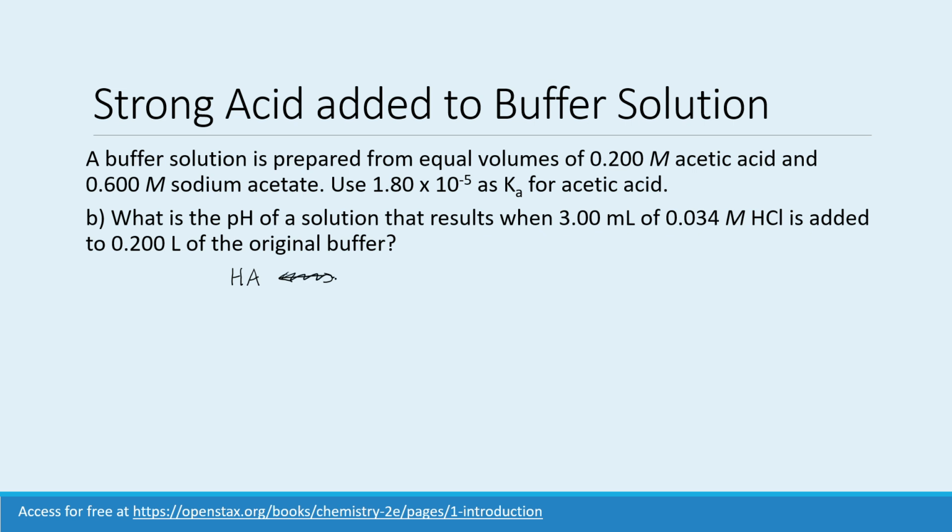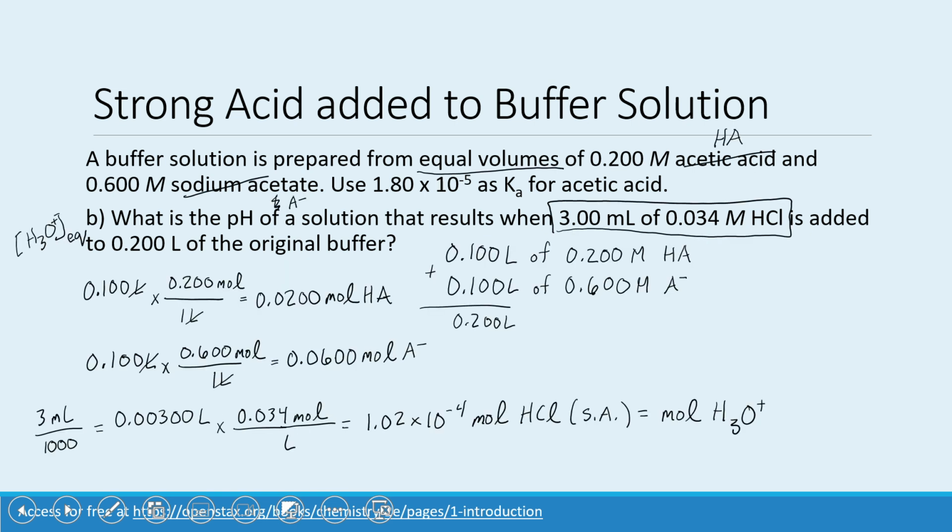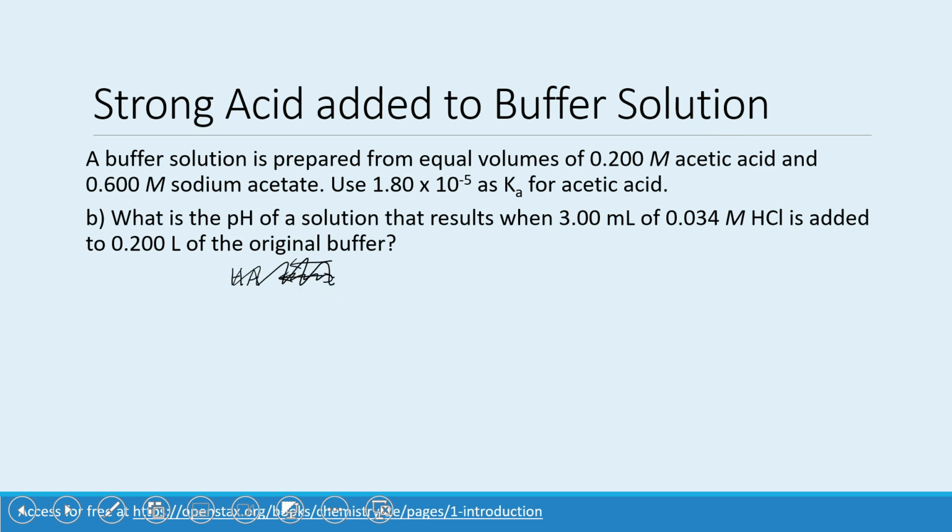And technically the arrow for a BCA table goes all in one direction, so we might want to rewrite this. I'm going to rewrite this so that we have the hydronium ion reacting with that conjugate base. So that conjugate base will react with the hydronium ion to completion to give you the concentration remaining of the weak acid.